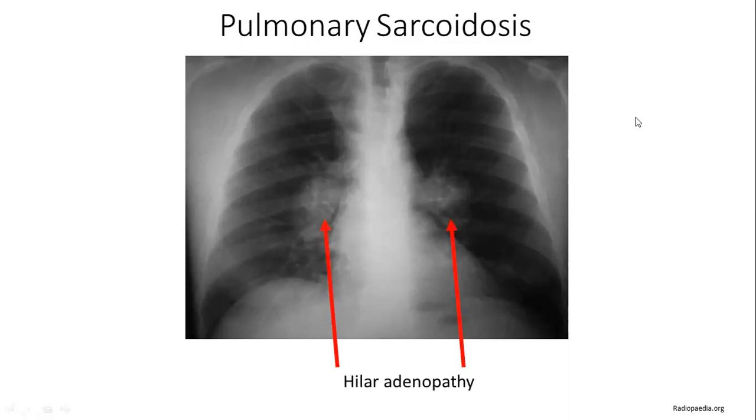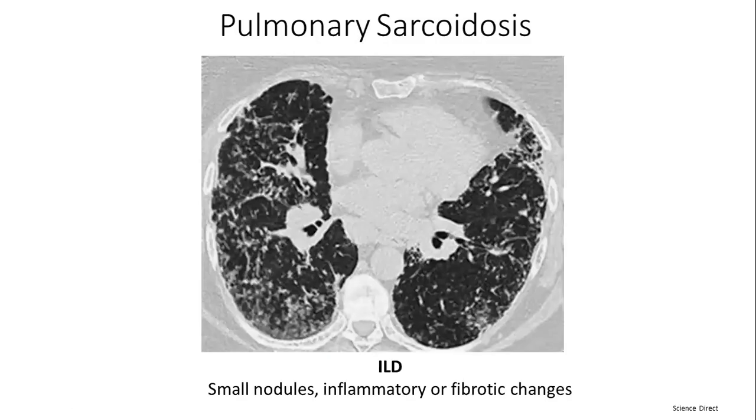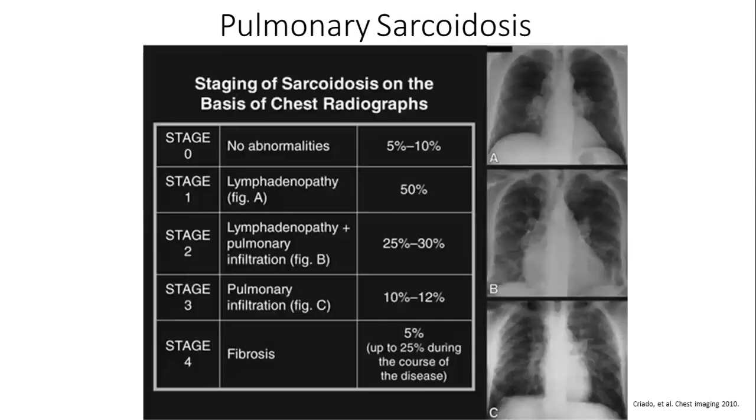So the lymph nodes in the chest are enlarged. And you can also get an ILD that's more diffuse involving the parenchyma. So small nodules, inflammatory changes like ground glass, or it can progress to fibrosis. So there can be the hilar adenopathy presentation of pulmonary sarcoid, or the parenchymal.